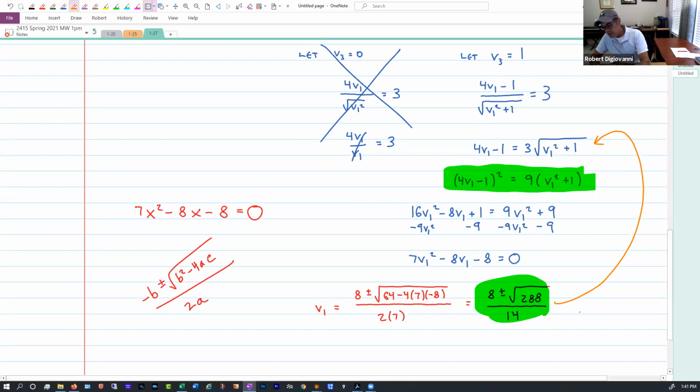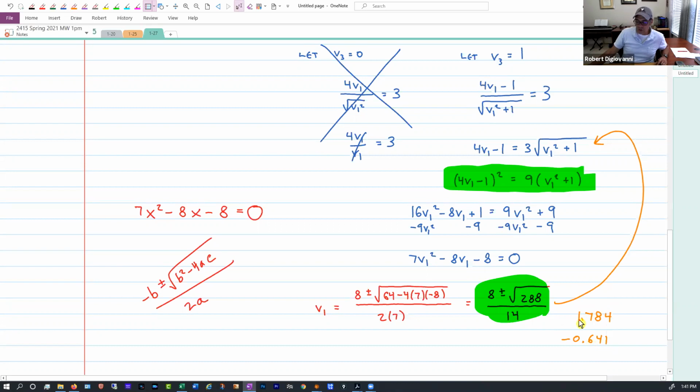One of these answers is 1.78, I'm rounding. The other one is negative 0.641, something like that. And I'll say this one's 1.784.